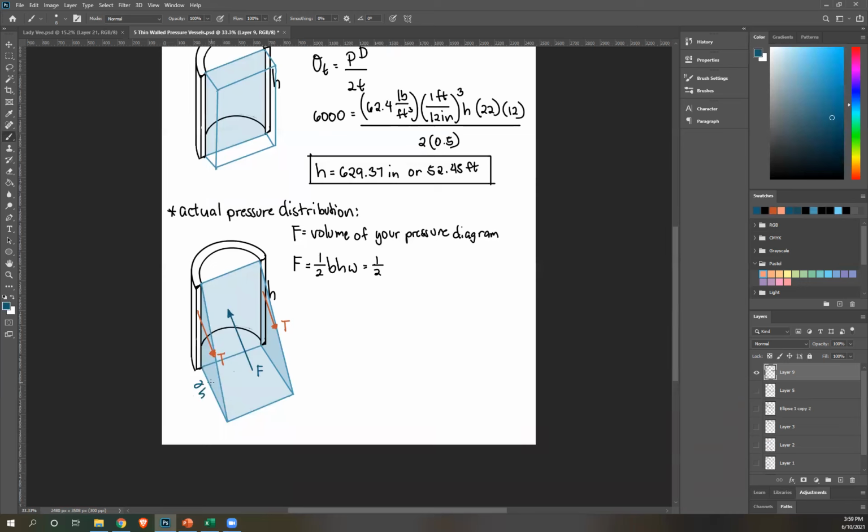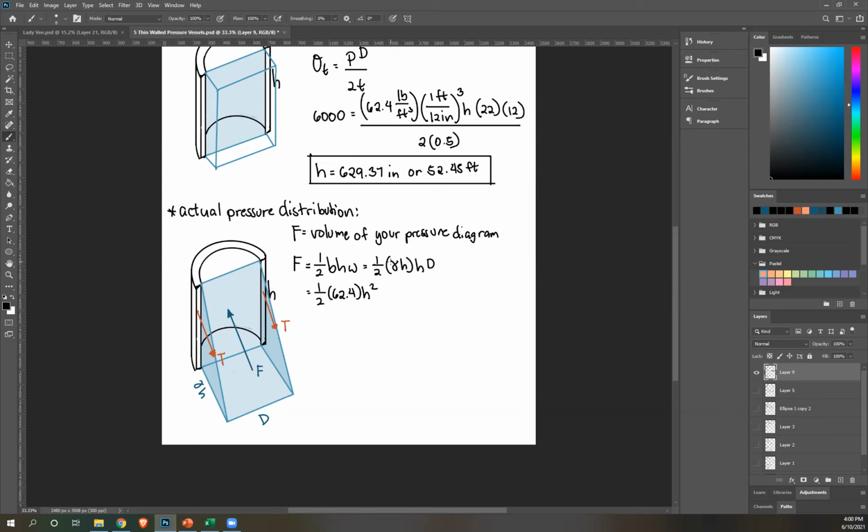Okay, what else? So base is gamma h, height is still h, and then width is this. And that is actually the diameter of your vessel. 1/2 gamma h times h times D. Okay, so let's compute. 1/2 gamma h, again gamma is 62.4, times h squared.